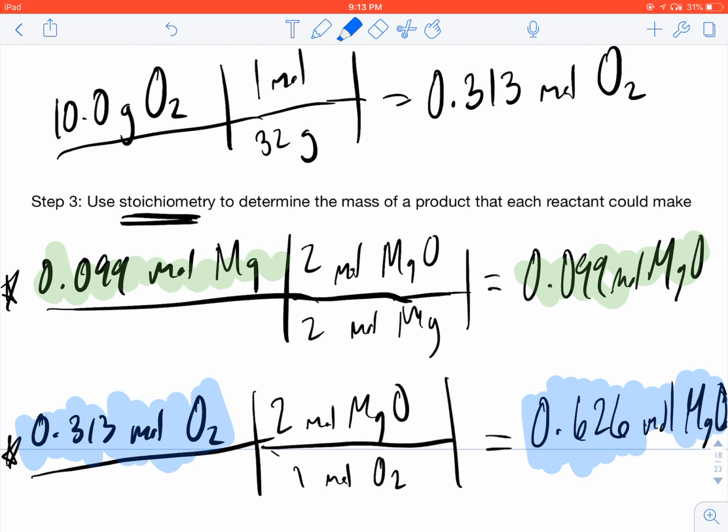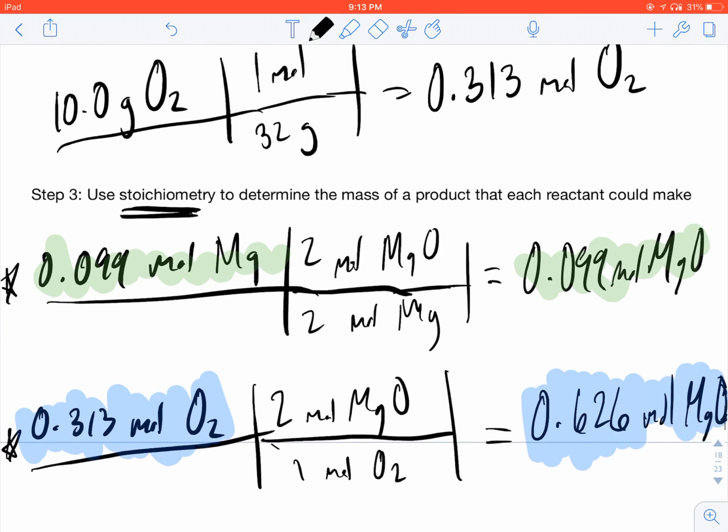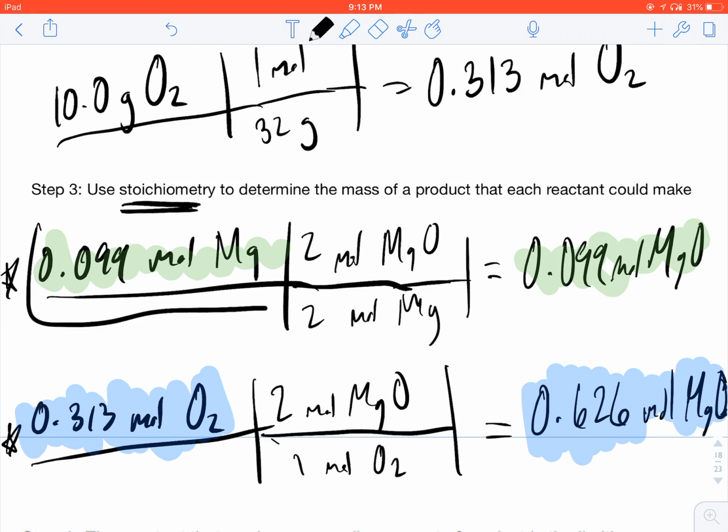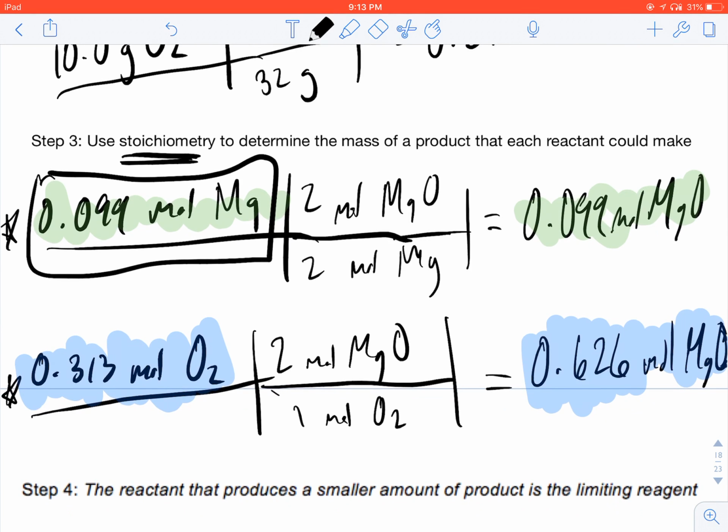So, which reactant is going to make the least amount of product is what we're looking for. That reactant is magnesium. So magnesium is limiting our production of magnesium oxide, right?